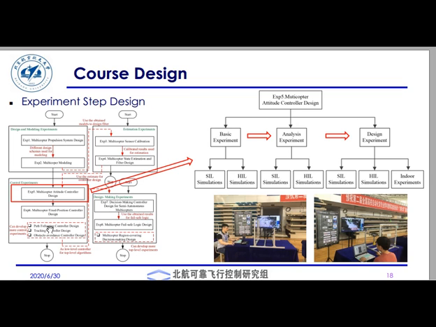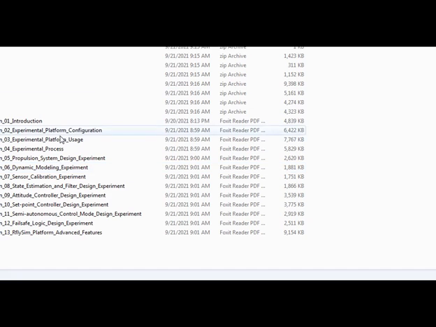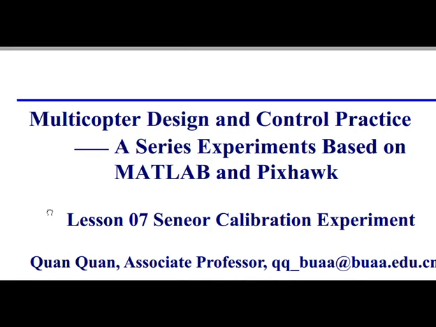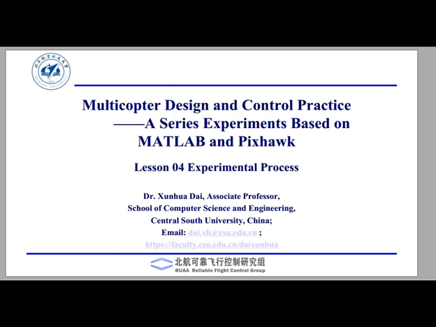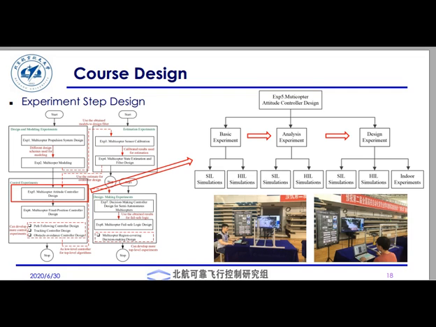For example, if I open the file for experiment, let's say 7, we will see: basic experiment, analysis experiment, and design experiments. So each experiment has 3 parts.